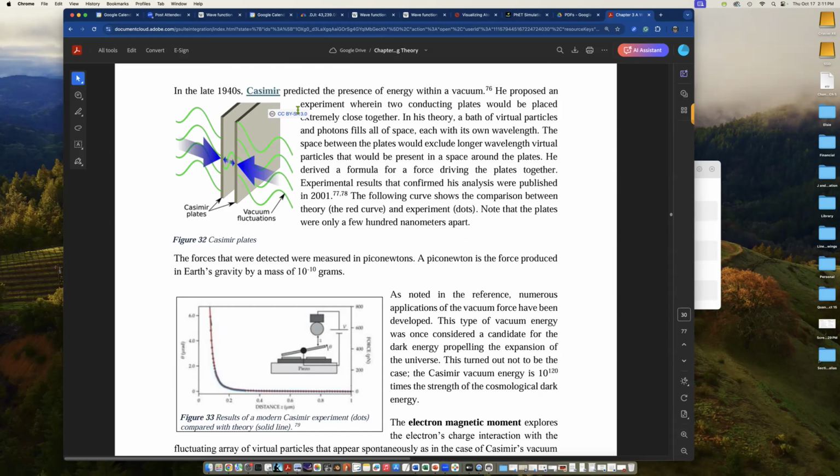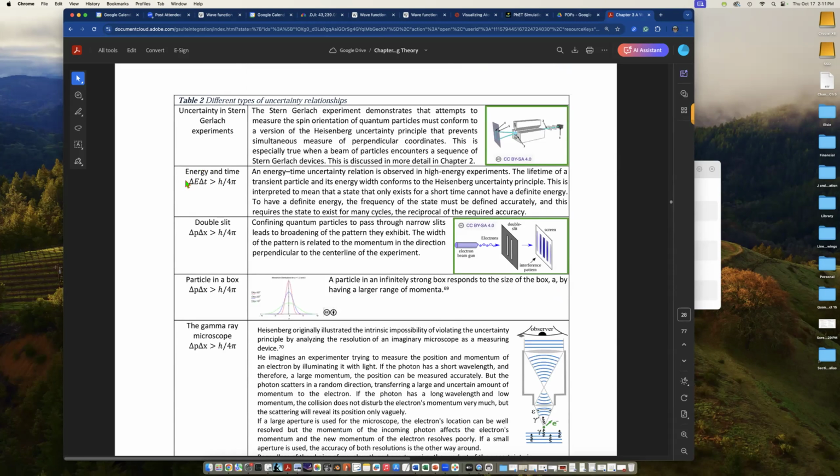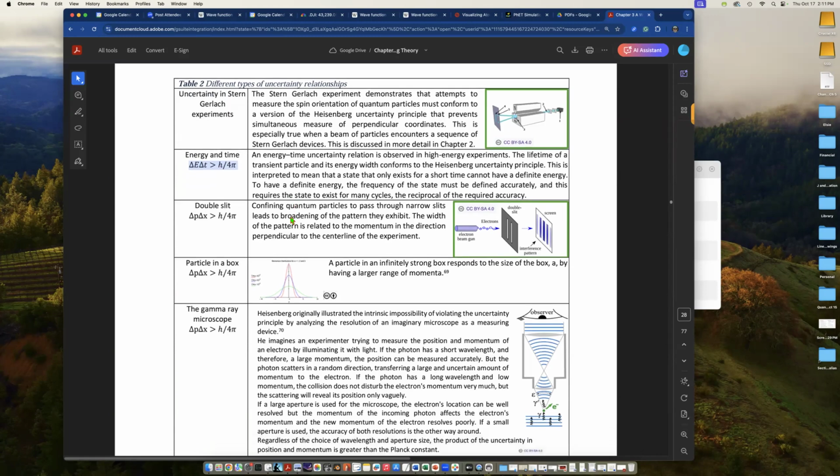The uncertainty principle allows, as I depicted earlier, energy and time to create virtual particles, particles that jump into existence with a certain amount of energy, so long as the duration of their life is small enough that this rule is maintained: the energy uncertainty times the interval of time is greater than this fraction of Planck's constant.